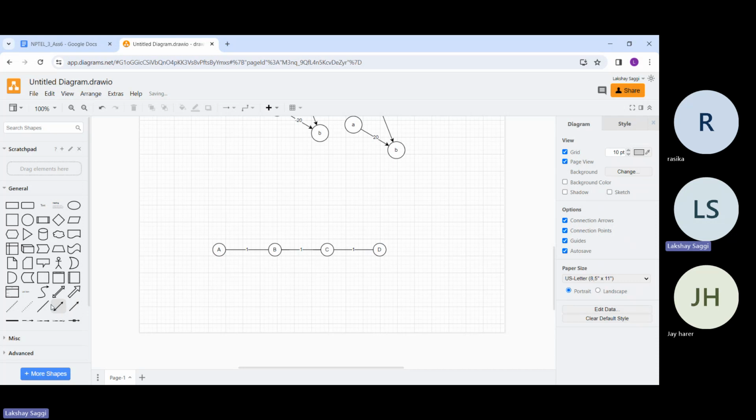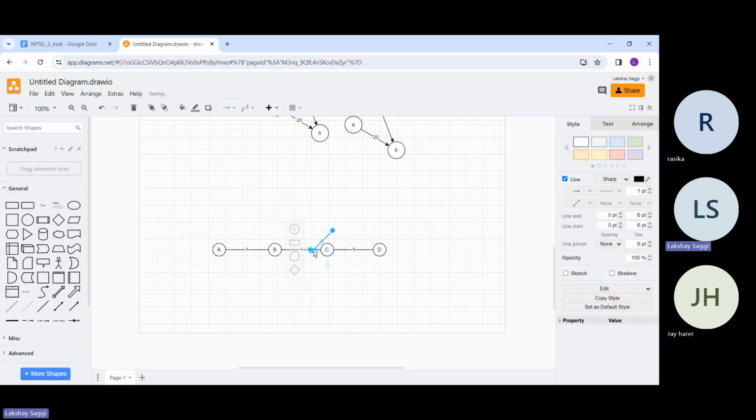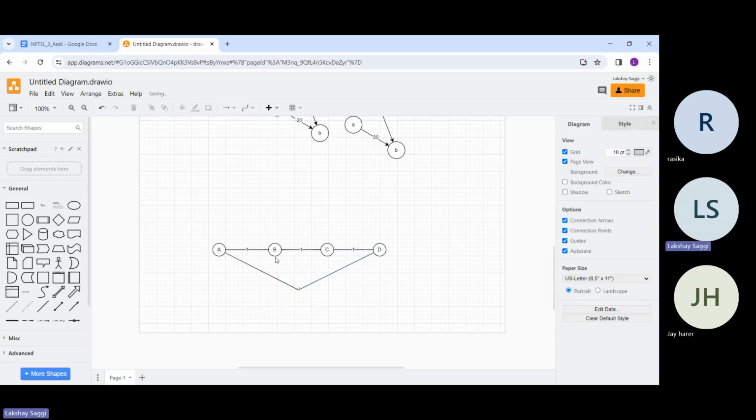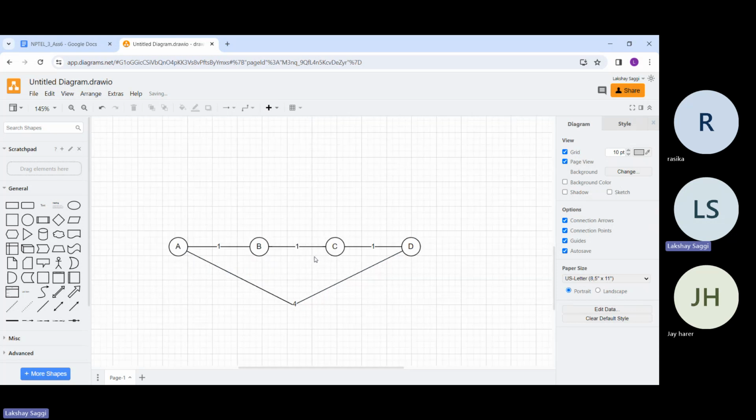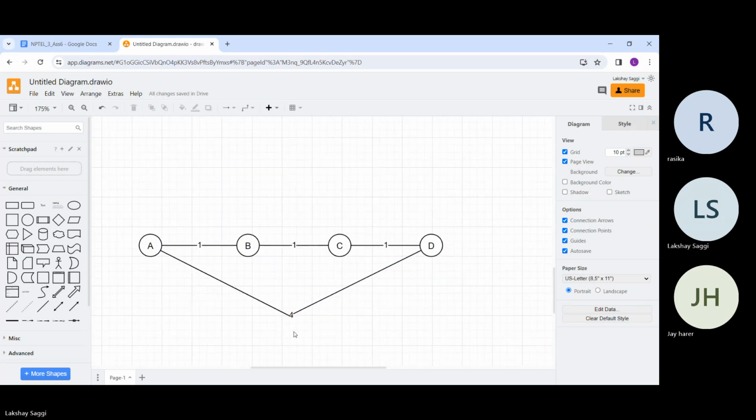And we also have an edge from A to D directly, and this edge has a weight of 4, let's say. I hope the font is clear to everyone, otherwise I'll just zoom in. So this A to D edge has a weight of 4, whereas these three edges have weight of 1.